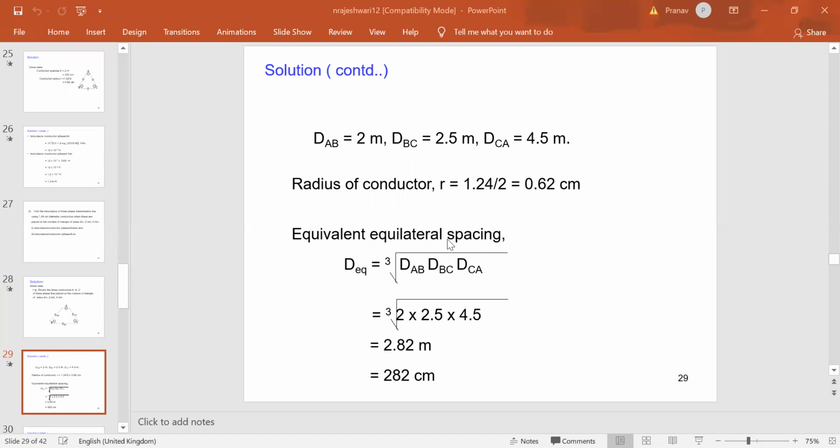And the equivalent equilateral spacing D equivalent is equal to the cube root of DAB · DBC · DCA. So D equivalent is the cube root of 2 × 2.5 × 4.5. By simplifying this, we get 2.82 meters as the equivalent equilateral spacing. So D equivalent is equal to 282 centimeters.